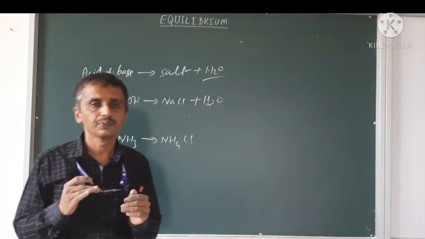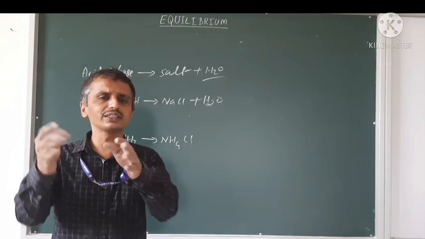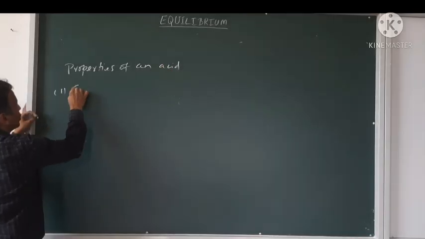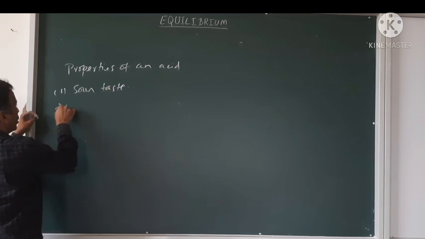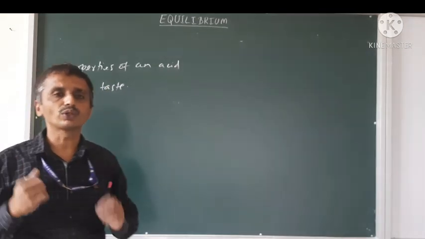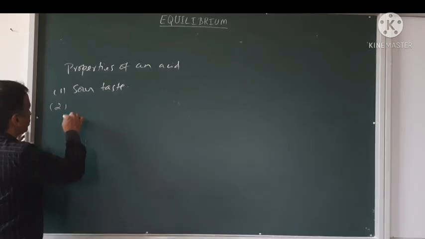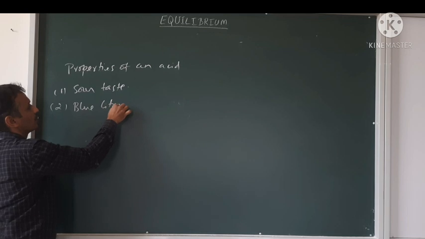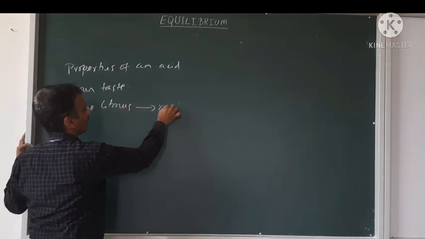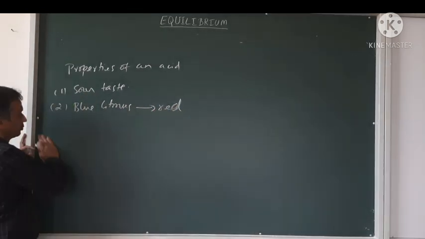Now, what are the properties of an acid? First one, sour taste. If you taste it, it is of sour taste. Second one, blue litmus paper turns red.